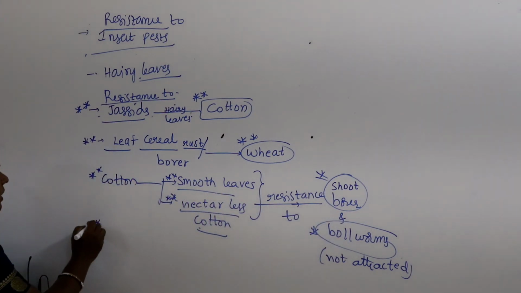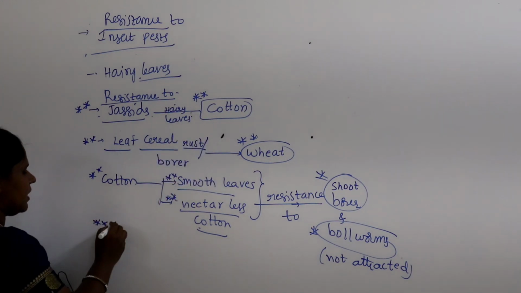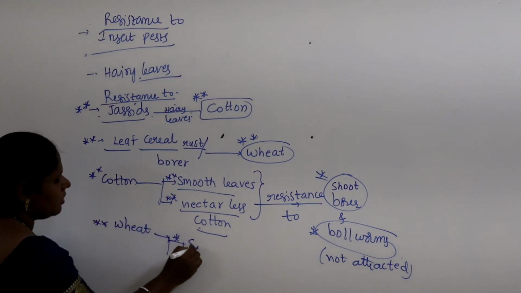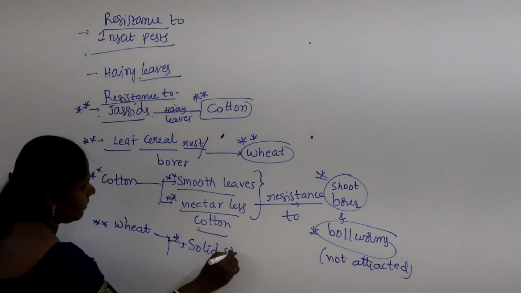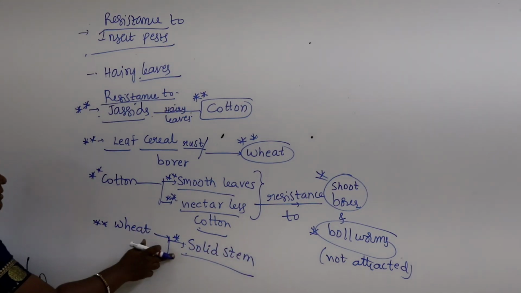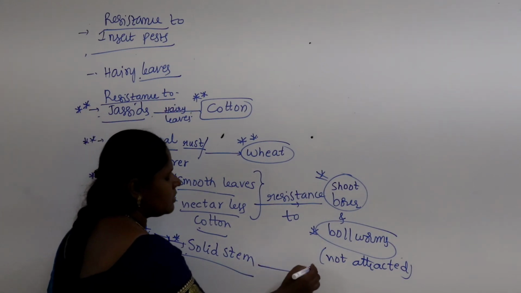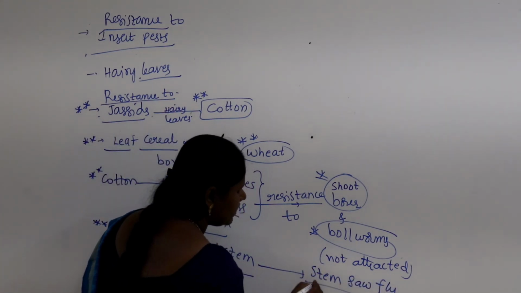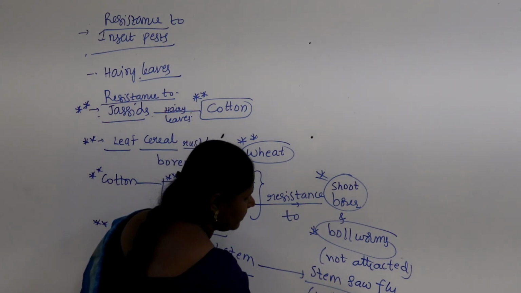Similarly, if you take the wheat, I said I will write again the same examples. Wheat, because of the character a solid stem, because of the solid stem, here stem sawfly is not preferred.